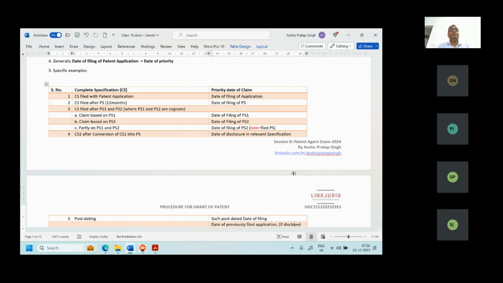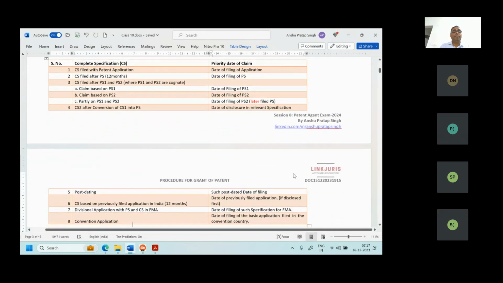Then CS2 after conversion: same thing. If CS2 is converted into a PS, then the date of disclosure in the relevant specification will be considered for the claim, because now there can be 2 types of claim, one filed with CS1, another filed with CS2. So whenever they were disclosed in the relevant specification, we will consider that as the priority date of the claim.